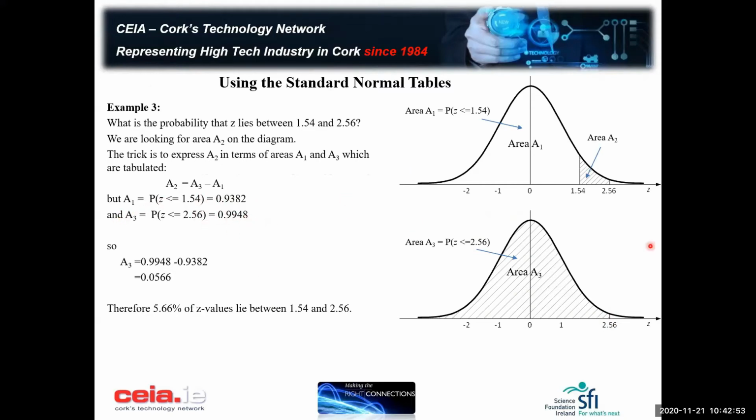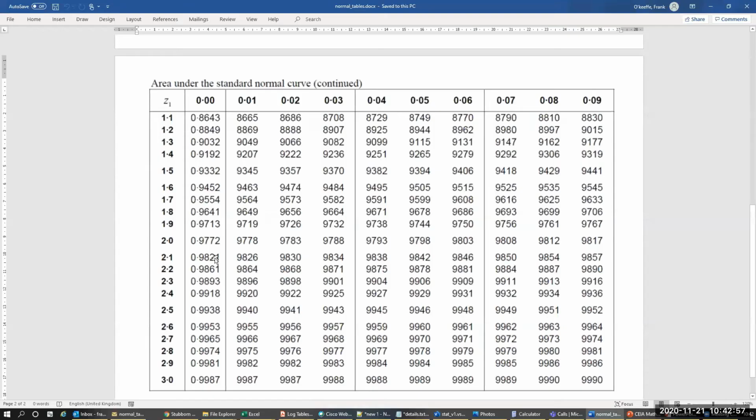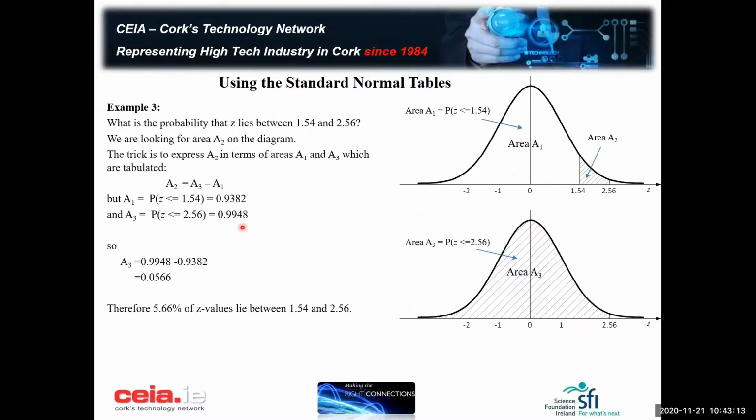Again, return to our table. We're looking for 2.56 in the table. Here's 2.5. Go over to 0.06 and we find 0.9948 here.